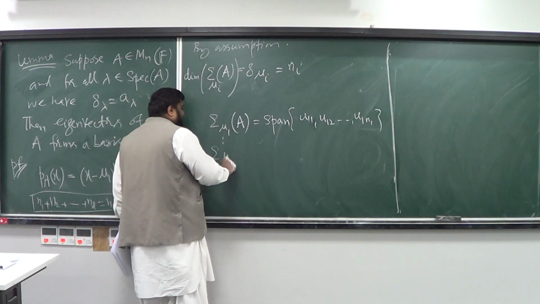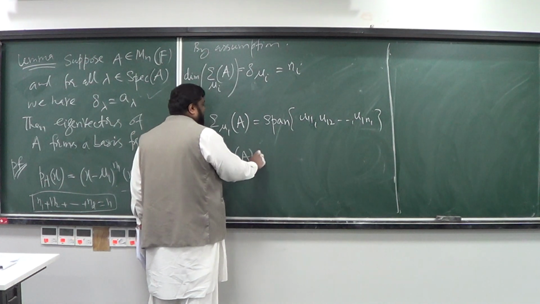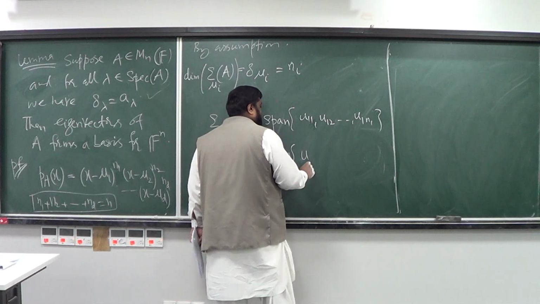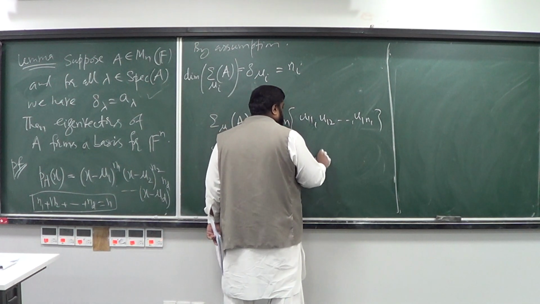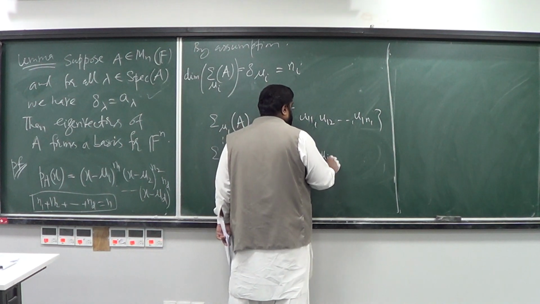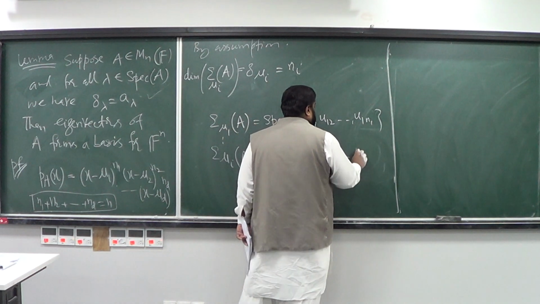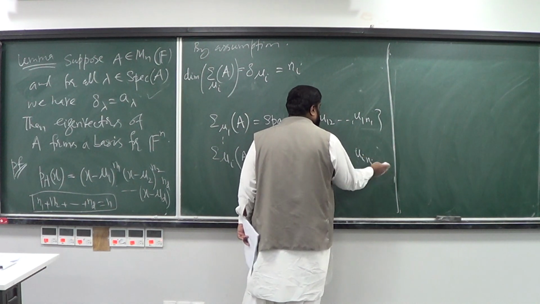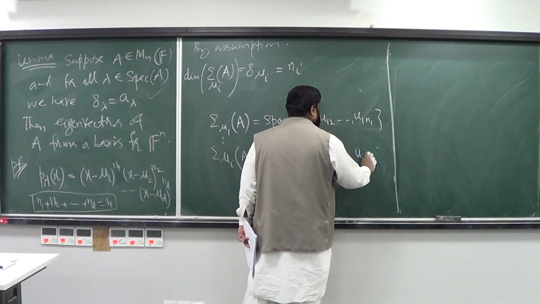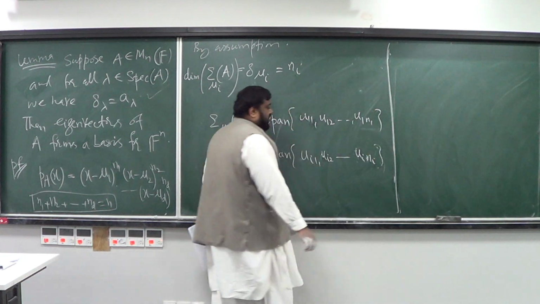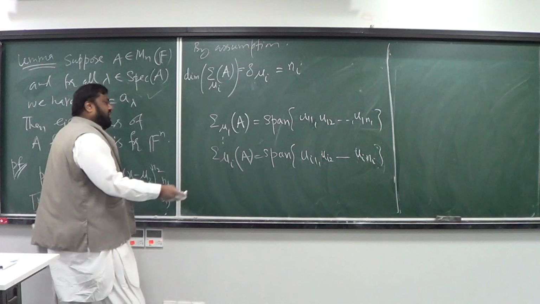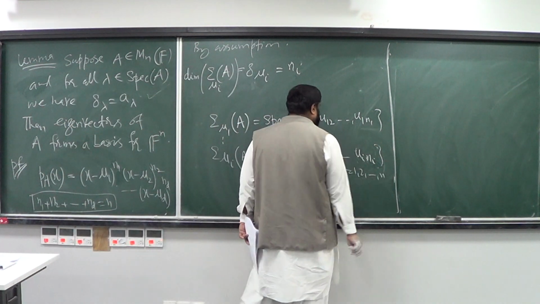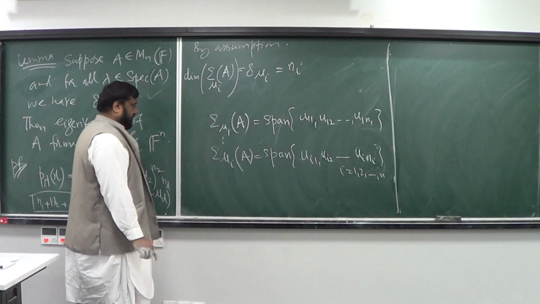the eigenspace of mu i of A is spanned by, say, these linearly independent eigenvectors: ui1, ui2 up to u i n i. Okay? This is what the ui is going to be for all i equal to 1 up to d.